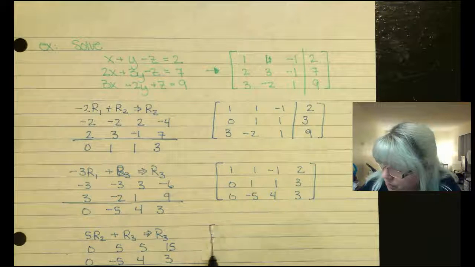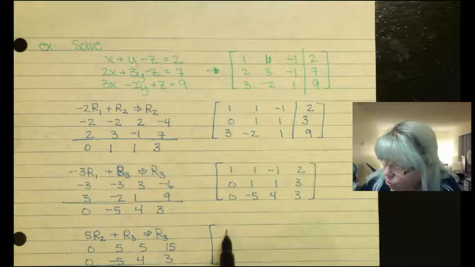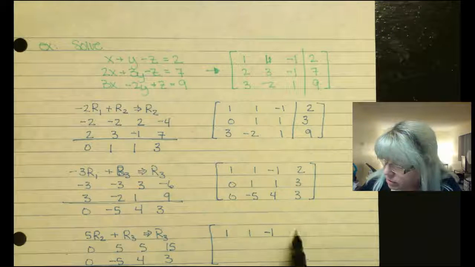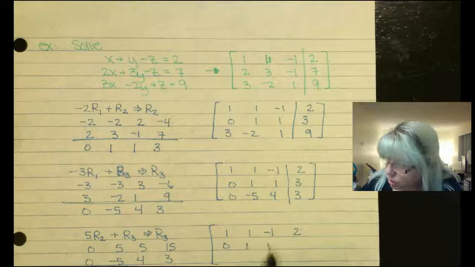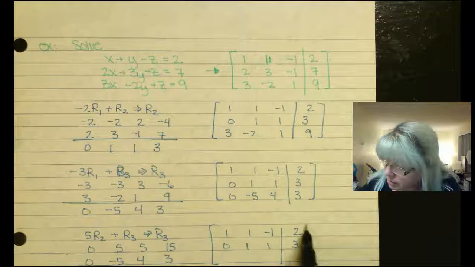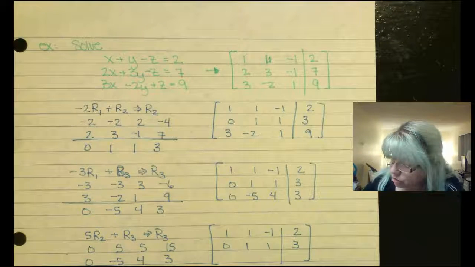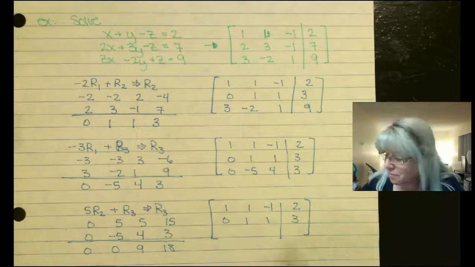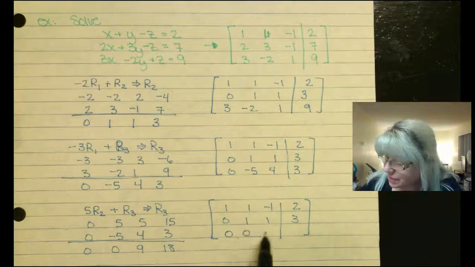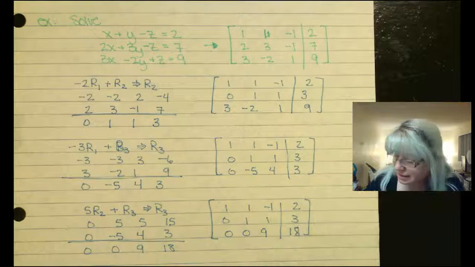So let's rewrite our matrix. 1, 1, negative 1, 2. 0, 1, 1, 3. And our new row 3 is 0, 0, 9, 18.